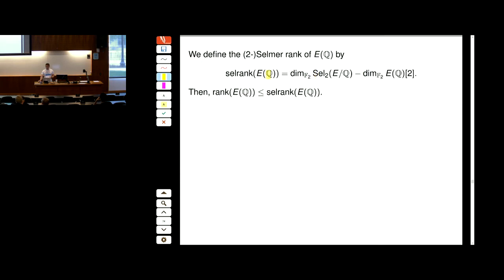So if you take the dimension of this minus the dimension of where the 2-torsion lands, that's called the Selmer rank, or the 2-Selmer rank. And what we have is an inequality that the rank of the elliptic curve is less than or equal to the Selmer rank. So just by computing Selmer ranks, you at least have a bound for the rank of the elliptic curve that sometimes is tight, because you already know some rational points, and then you can prove these are all of them. If there is no Sha, you are done. If there is Sha, then good luck.